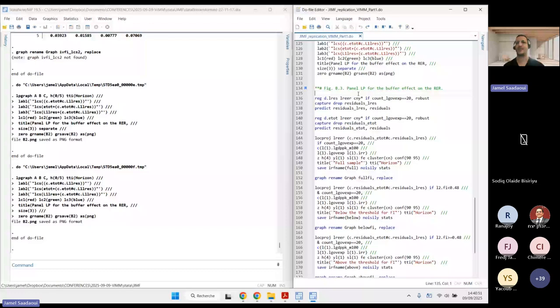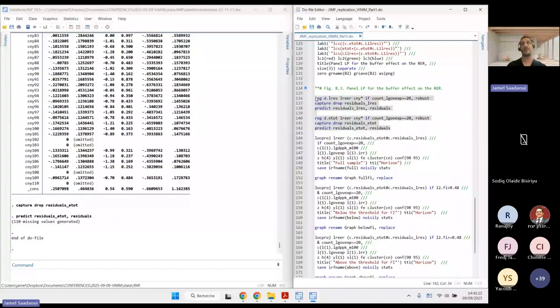So what we are doing here is orthogonalizing the interaction term towards the exchange rate. We create two regressions in which the variation of the reserves will be orthogonal to the variation of the exchange rate. So now we are creating two variables which are no longer the reserves or the terms of trade.